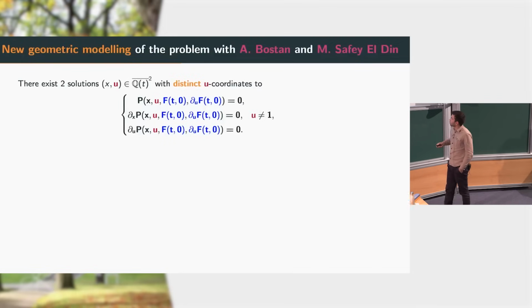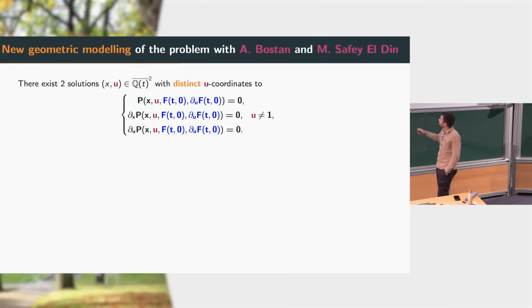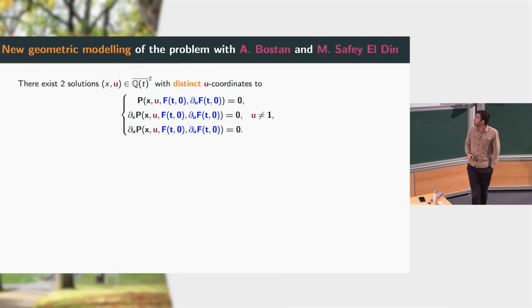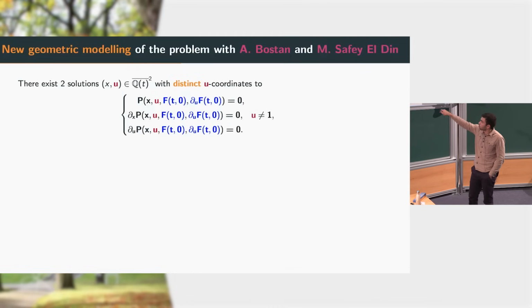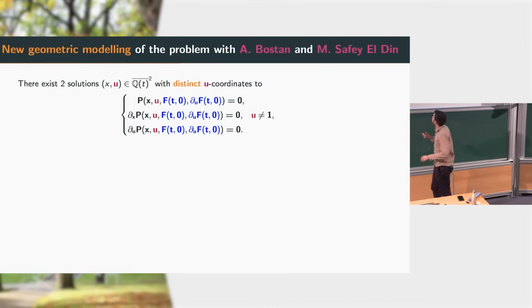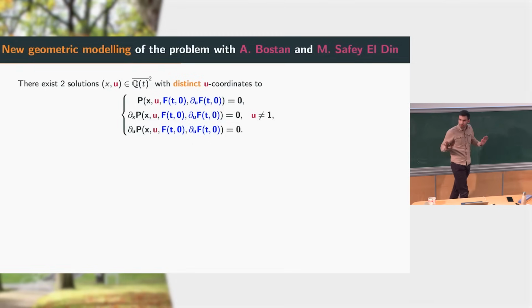We start from these initial polynomial constraints, and we know that there exist two solutions (x, u) with distinct u coordinates to the following polynomial constraints. Let's forget the x variable for a couple of minutes.